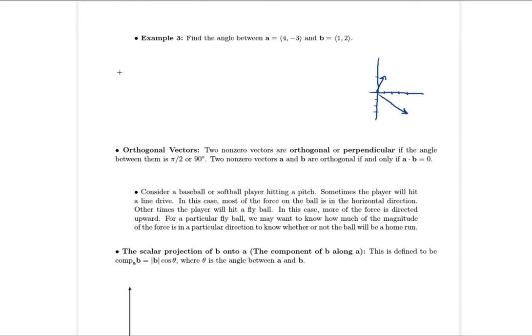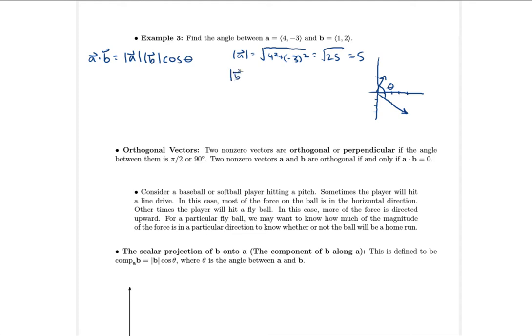So what we just learned is that A dotted with B is equal to the magnitude of A, magnitude of B, cosine of the angle between them. So that would be this theta that's in here. All right, but we can compute the magnitude of A. It's the square root of 4 squared plus -3 squared, which is 5.